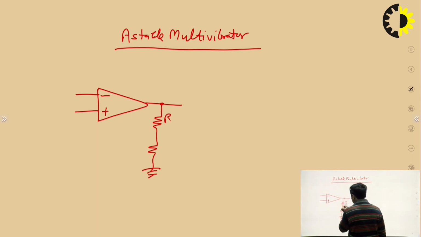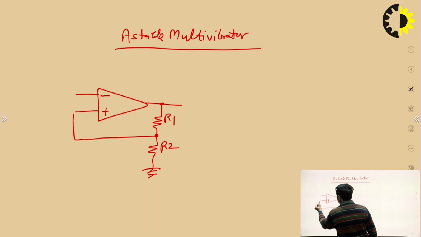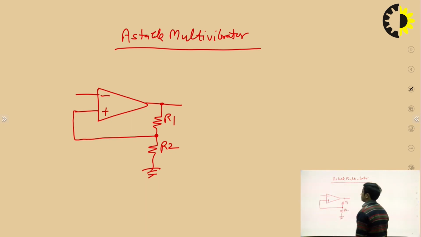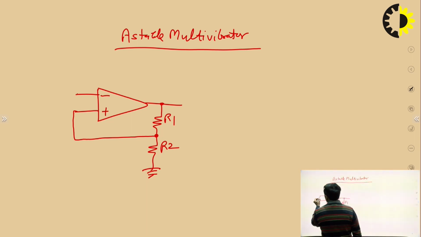Let's say these resistors are R1 and R2, and the junction point of R1 and R2 is connected to the non-inverting terminal of the operational amplifier. So this R1, R2 provides a positive feedback. And one capacitor C is connected to the inverting terminal of op-amp.